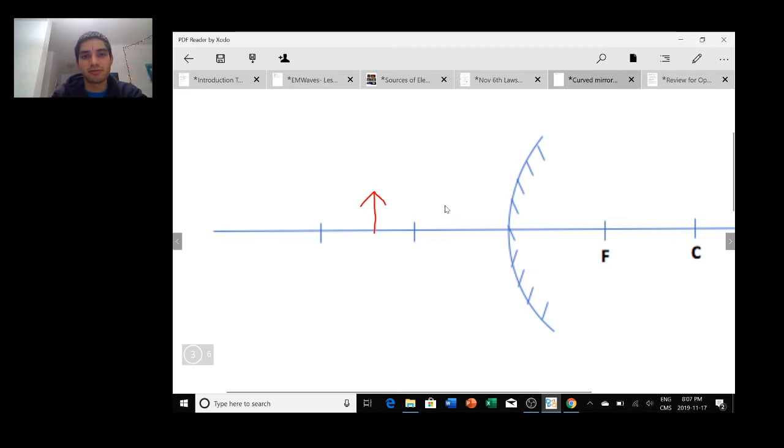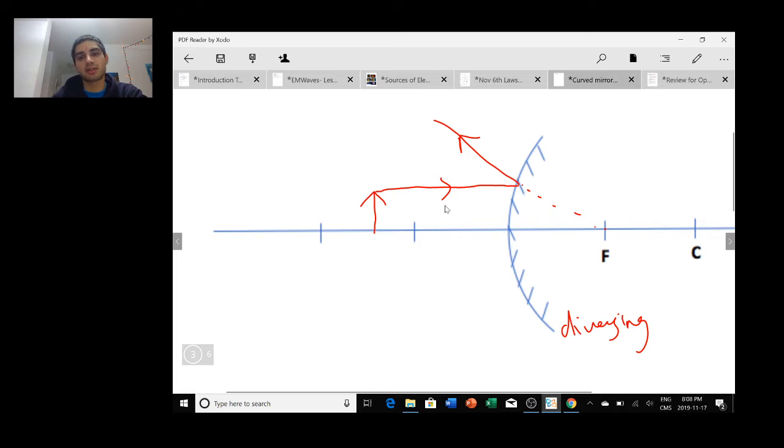And so the first rule is we're going to draw a ray that is parallel to the principal axis, and it appears to diverge from the focus. So we know a convex mirror is a diverging mirror. The convex is curved outwards, so this is diverging. So it's going to bounce away from the focus.